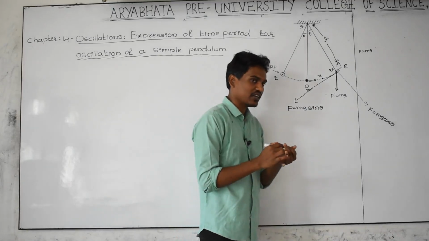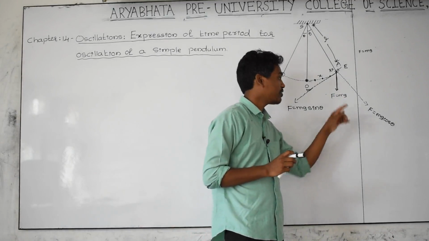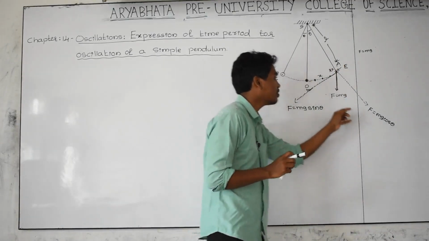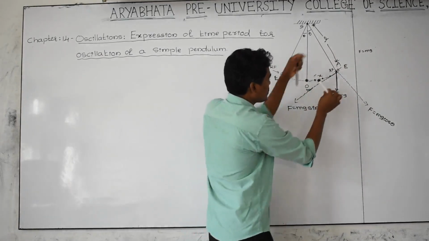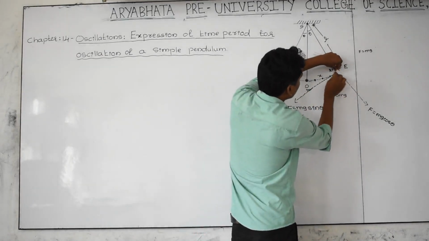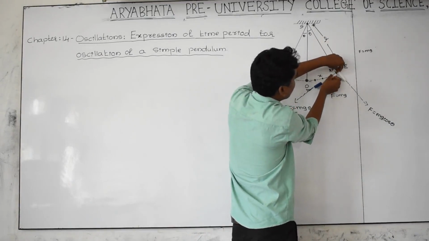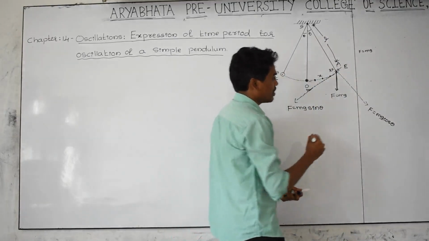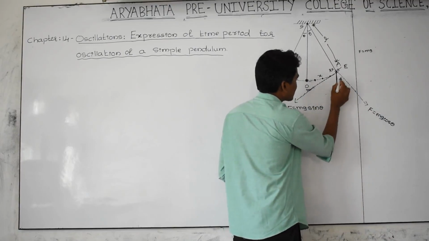For convenience of calculation of this force, I have divided this F into two parts, one along this direction, one exactly perpendicular to this line, and the angle between these two is exactly 90 degrees.